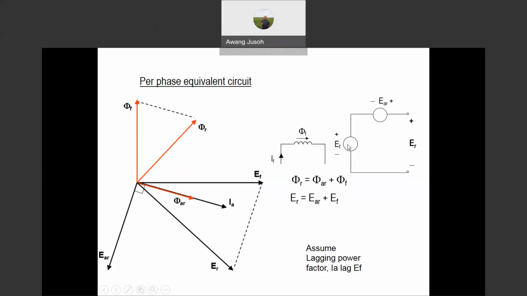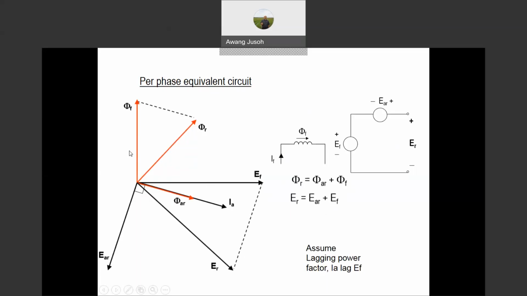And based on the formula here, EF plus EAR, that means EF and EAR must be in series, with the same polarity, and it gives you ER there. So this is represented in terms of the circuit diagram, and this is in terms of the phasor diagram. Hopefully you can follow this representation.